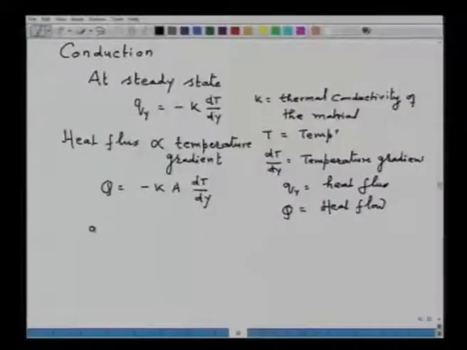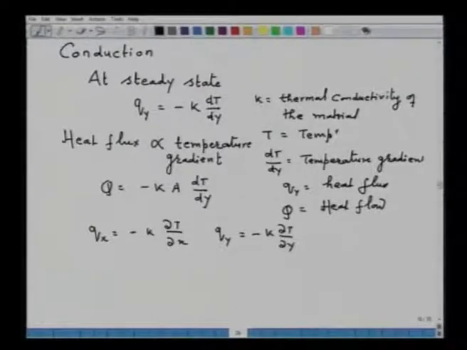Now, a similar expression we can write in all three rectangular coordinates. So, we can say that Qx is equal to minus k delta T upon delta x, Qy is equal to minus k delta T upon delta y, and Qz is equal to minus k delta T upon delta z.